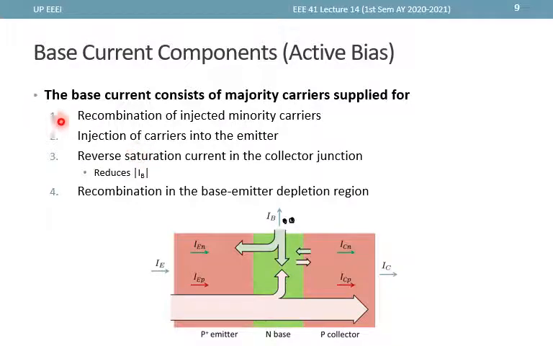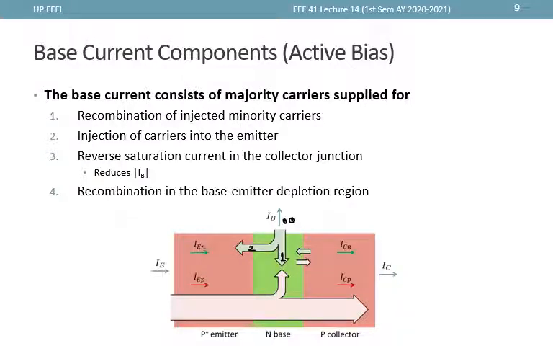So this number one right here is this current component here. The base current is also affected by the injection of carriers into the emitter from the base, because the junction EB is forward biased, so some majority carriers from the base can be injected into the emitter. So this is component number two.